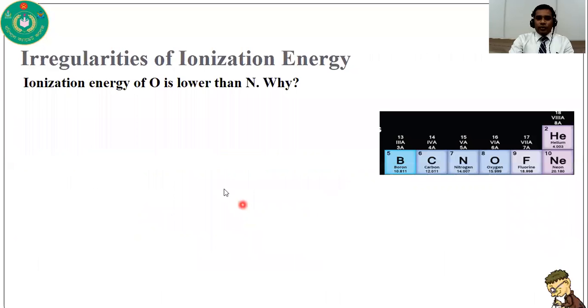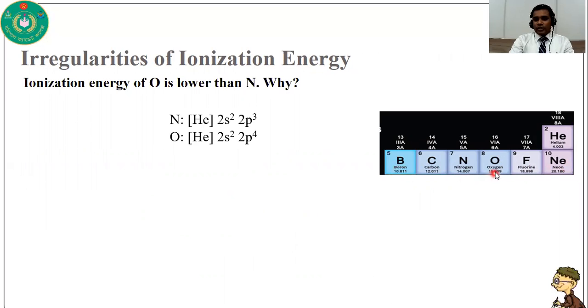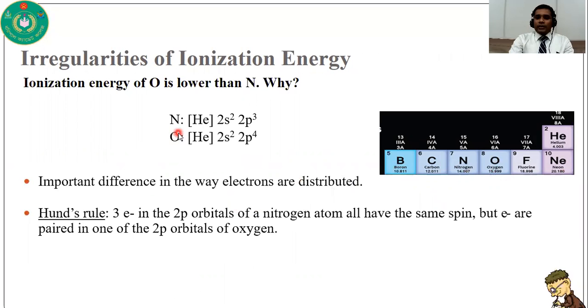And in the case of oxygen and nitrogen, from left to right we know that ionization energy increases. So, the ionization energy of oxygen must be greater than nitrogen, but the ionization energy of oxygen is less than nitrogen. Why? The atomic number of nitrogen is 7 and of oxygen is 8.